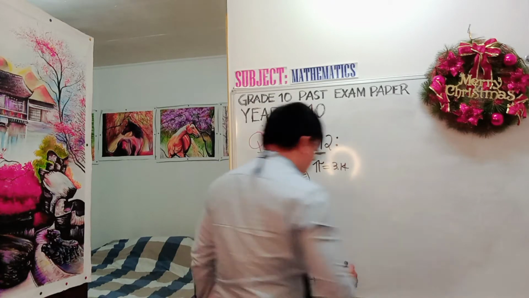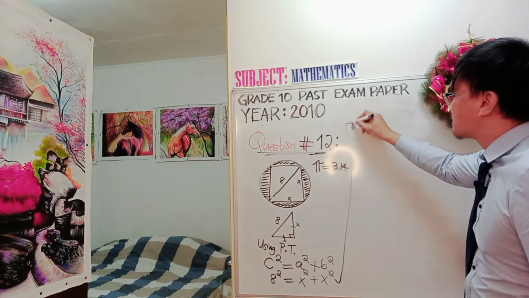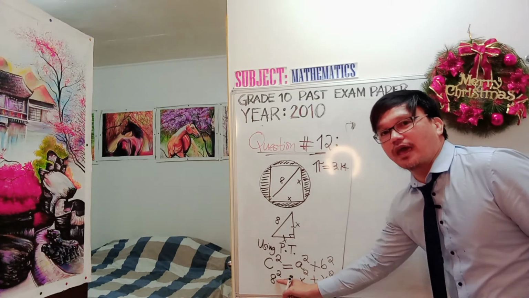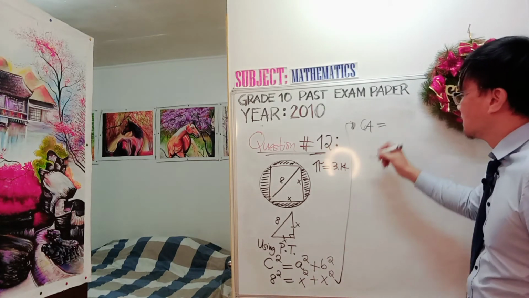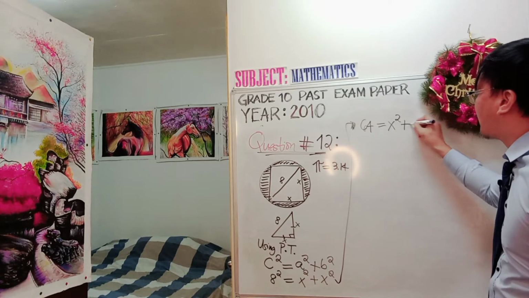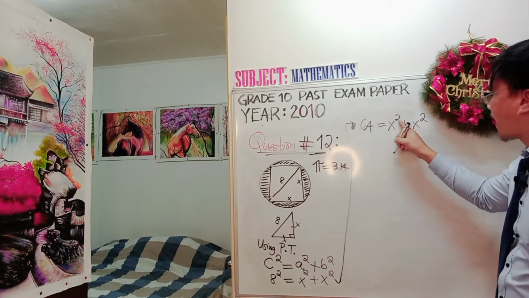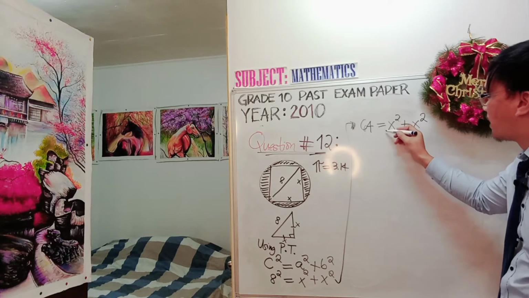Okay, so let's proceed now over here. The square of 8 is 64. And this is x square plus x square. X square is understood to have a numerical coefficient of 1.